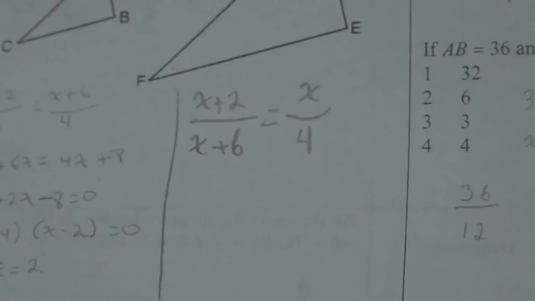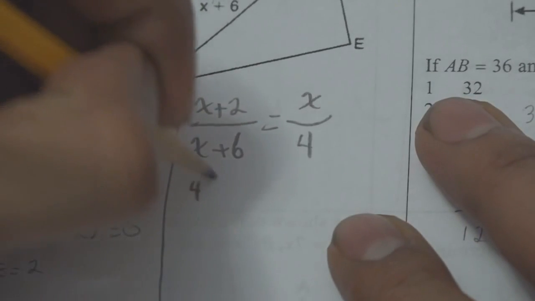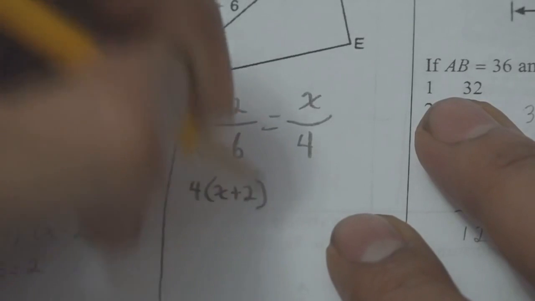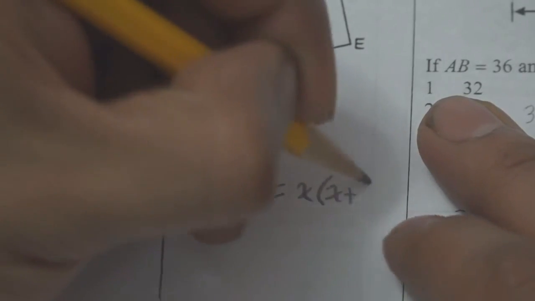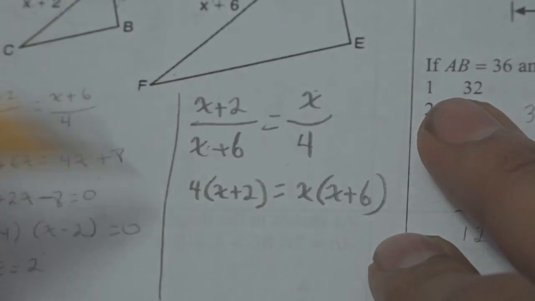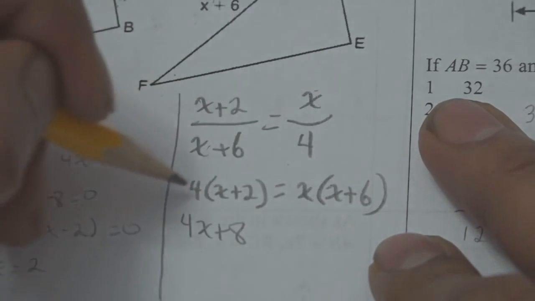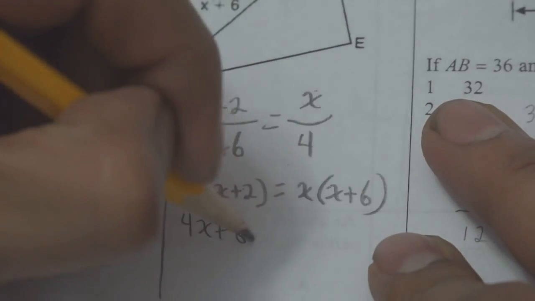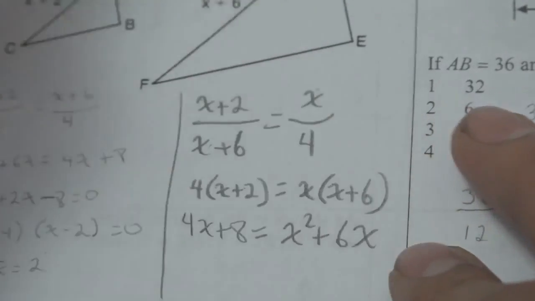You have to cross multiply. So you end up with 4 times x plus 2 equaling x times x plus 6. Cross multiply: 4 times this and x times this. When you use the distributive property, you end up with 4x plus 8 equaling x squared plus 6x.